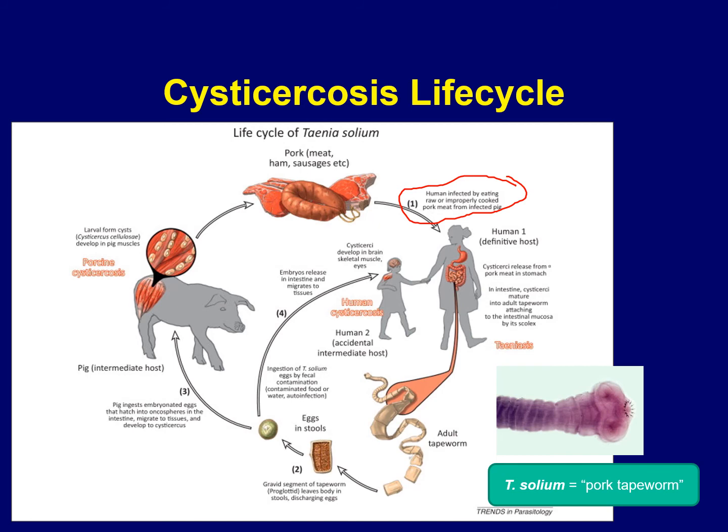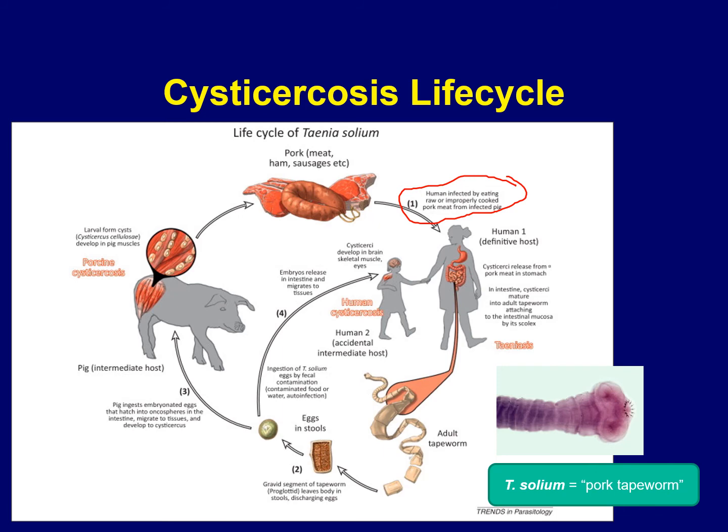So what happens is that humans, as the definitive host, cysticerci, which are these encapsulated larvae, release from the pork meat into the stomach. The pork meat was raw or improperly cooked, so these are still alive. And what happens is that in the human digestive tract, they mature into an adult tapeworm that attaches to the intestinal mucosa by the scolex.